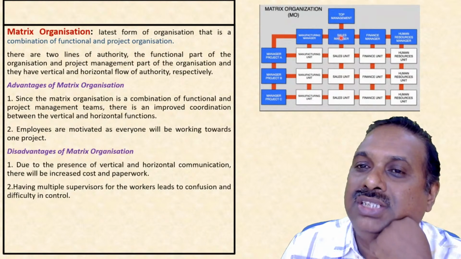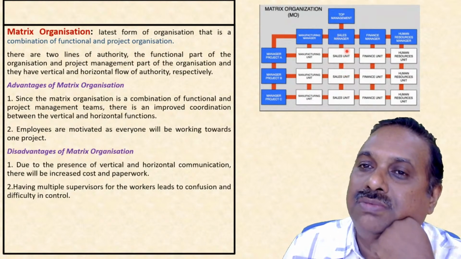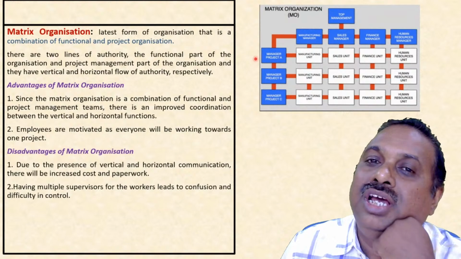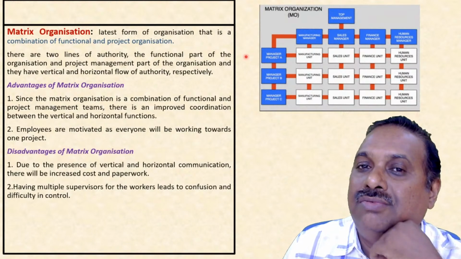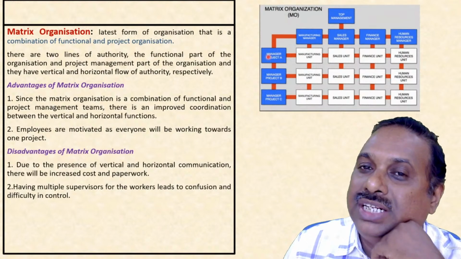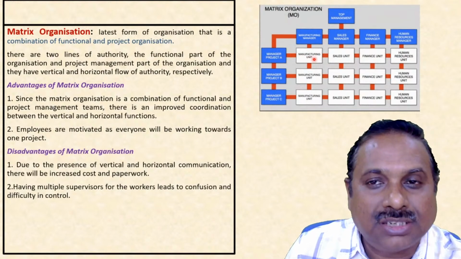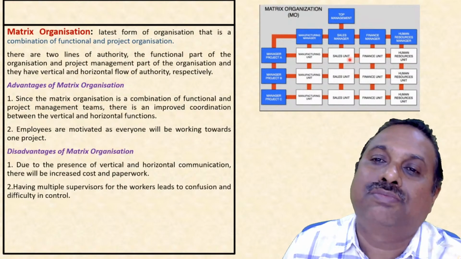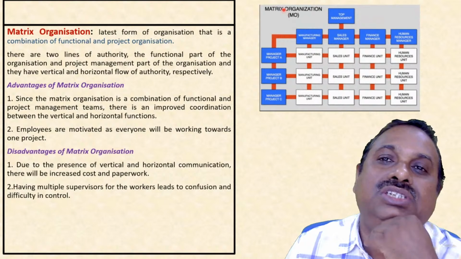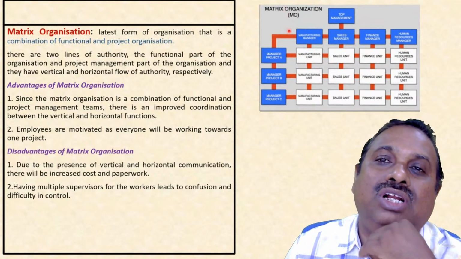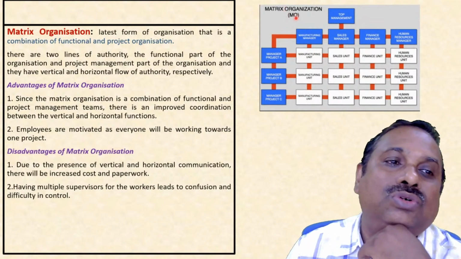Suppose under the sales manager, you have n number of sales teams. Here suppose there is a project manager A for project A. So it takes some specialists from the manufacturing unit, some from sales, some from finance, and some from HR. So this is a matrix organization, known as MO.